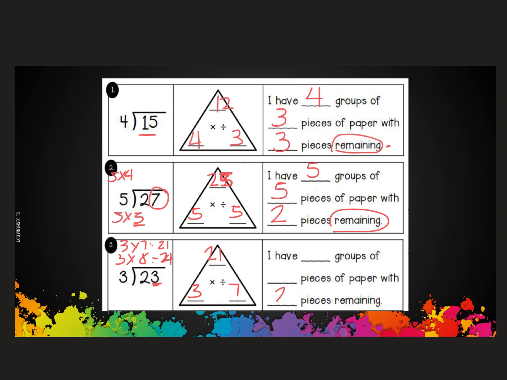And then I will have 2 pieces left over, because 23 minus 21 is 2. So I would have 3 groups of 7 with 2 pieces left over. This part's a little bit tricky. We're going to practice it together when you meet me at the teacher table.